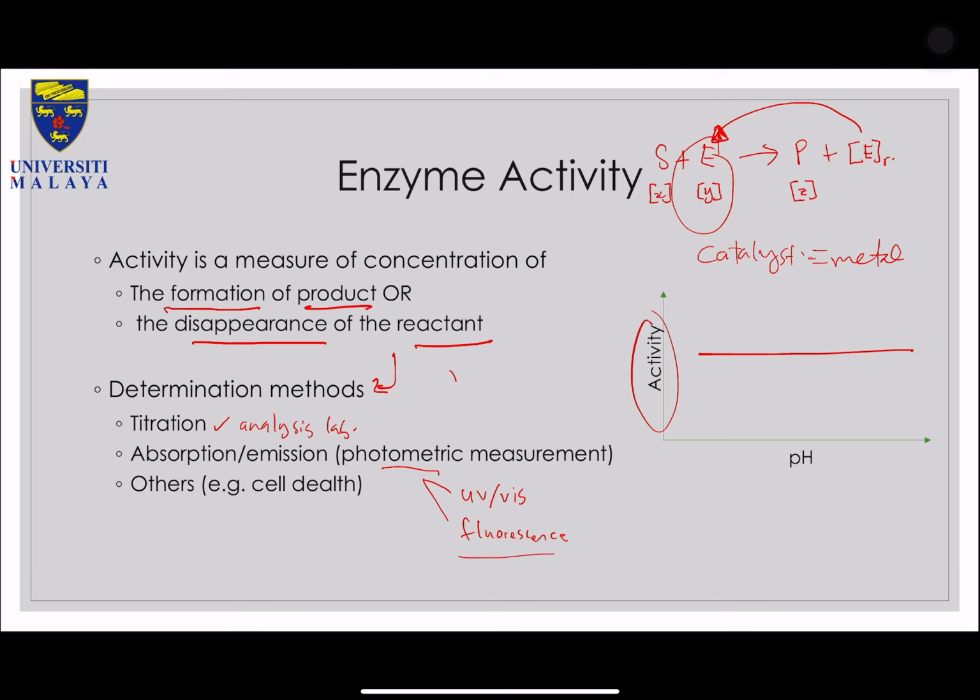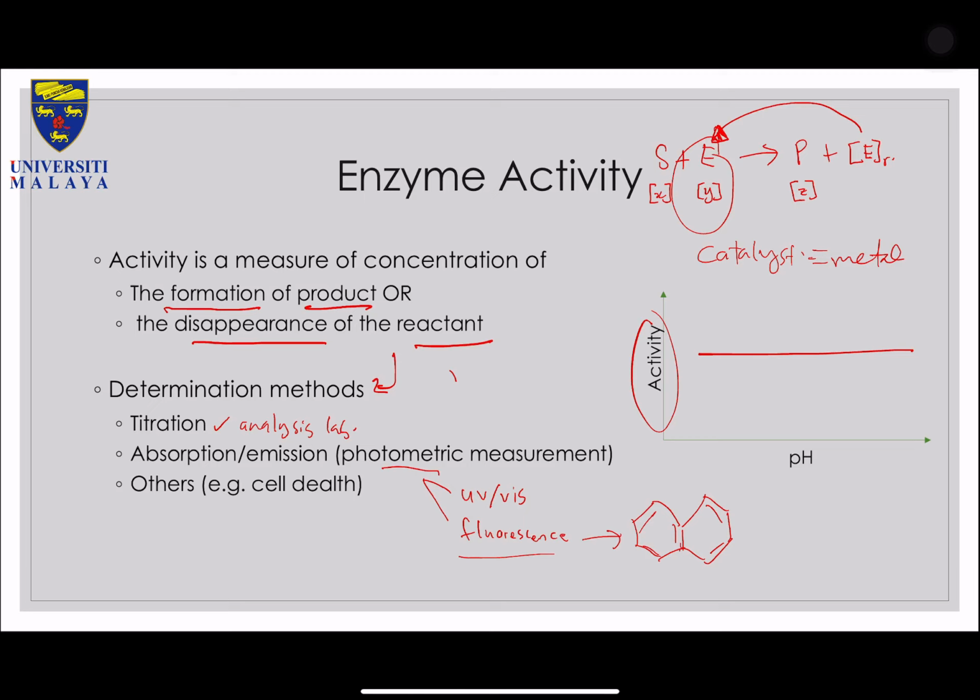And fluorescence, for molecules that have unsaturated bonds, they are very susceptible to light absorption at a certain wavelength. They might be fluorescent, they might not. So depending on the molecule, if it's fluorescent, then it would be very nice to actually see that.